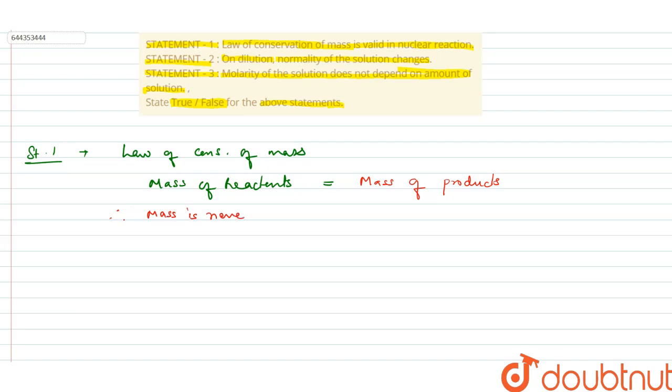That means if we take X grams of reactants, we will always get X grams of products, and if any reactant is remaining, the mass after the completion of the chemical reaction will still be X grams.